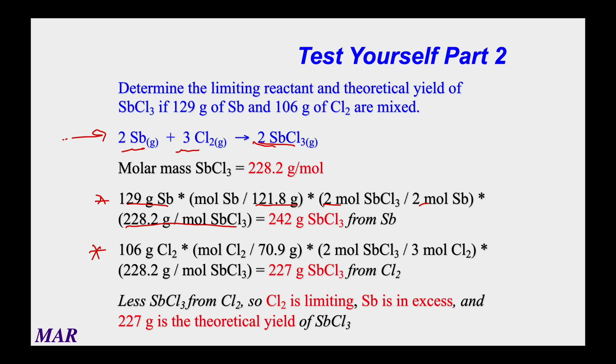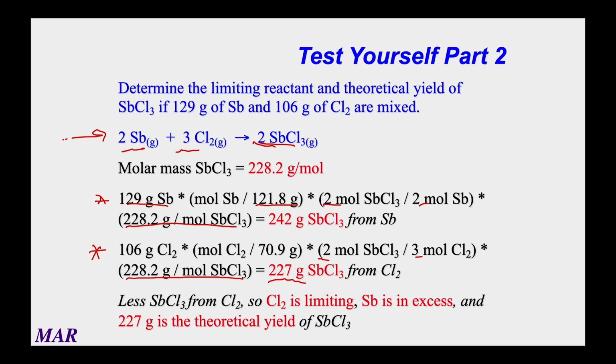Turning grams Cl2 to moles of Cl2. Then 3 moles of Cl2 need 2 moles of SbCl3, to turn into moles of antimony trichloride. And finally, same molar mass as before, we're going to turn moles SbCl3 to grams. And sure enough, look what happens, 227 grams, a smaller number than we had before, which was 242 grams.